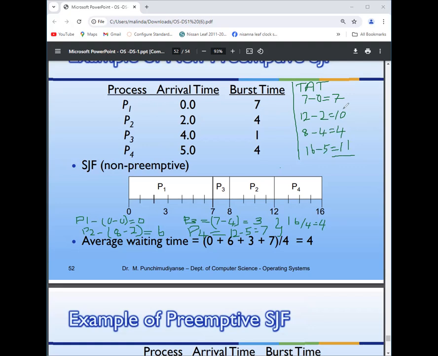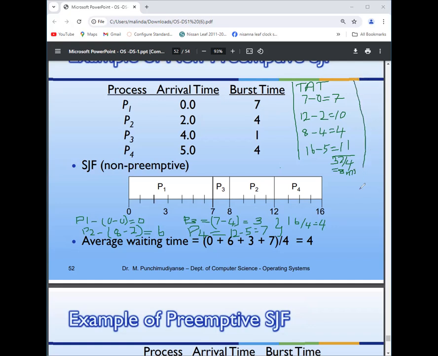So the average is 7 plus 10 plus 4 plus 11, which is 32. 32 divided by 4 is 8. 8 milliseconds is the average turnaround time.